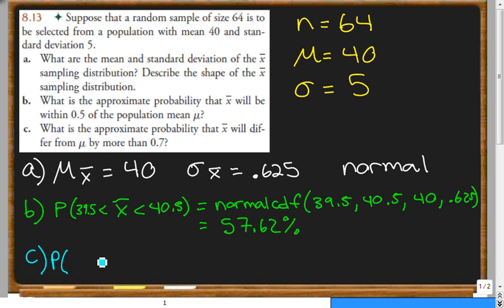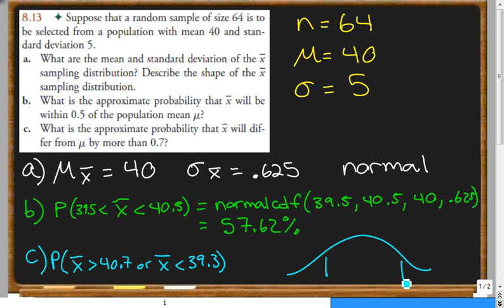So what's the probability that X bar is greater than 40.7, or X bar is less than 39.3? Because we're now looking on the outskirts of our distribution instead of on the inside, we can find the inside and then subtract it away from 1.